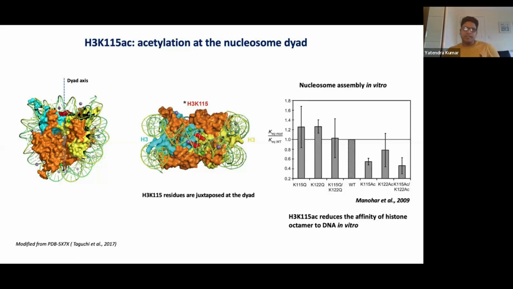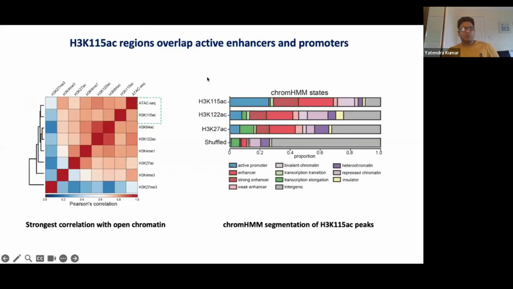So with that in mind, we performed native MNase ChIP-seq for the H3K115 acetylation mark in mouse ES cells. To the left, what you're seeing is the correlation matrix of ATAC-seq along with K115 acetylation and other tail domain modifications.